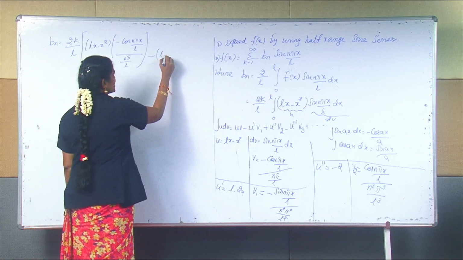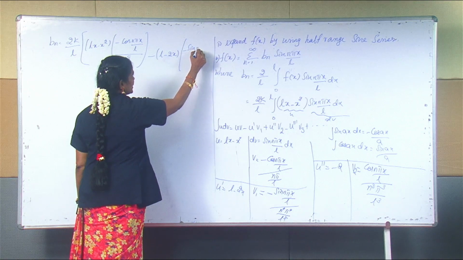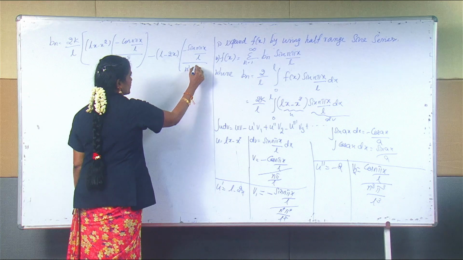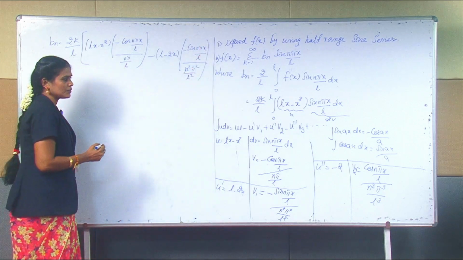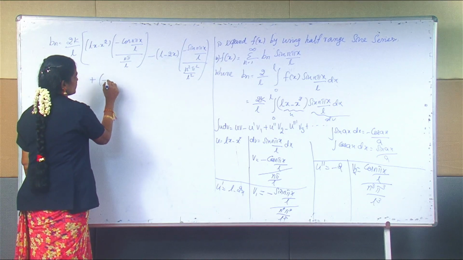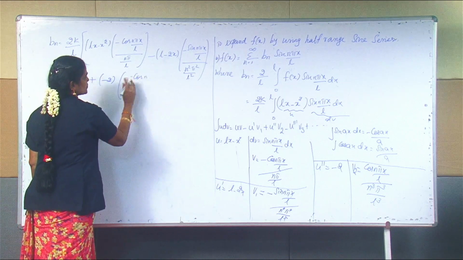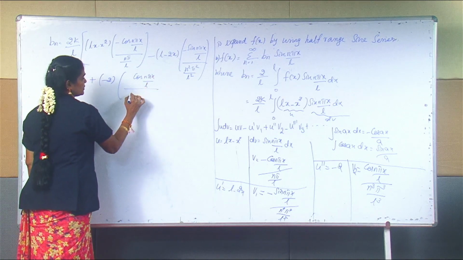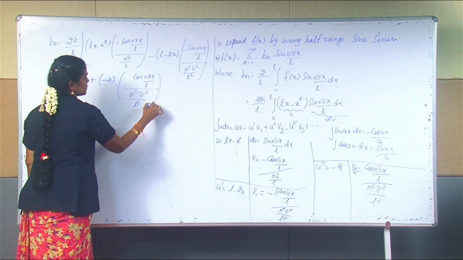Next term: L minus 2x into minus sin n pi x by L divided by n square pi square by L square. Next, in the formula we have a plus symbol, so plus L minus 2 into minus cos n pi x by L, plus cos n pi x by L divided by n cube pi cube divided by L cube.